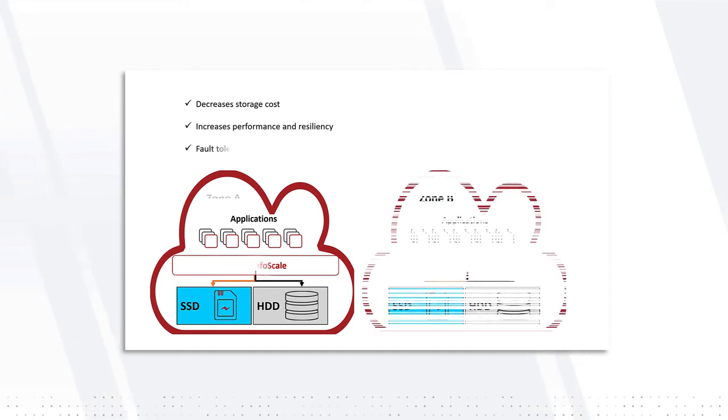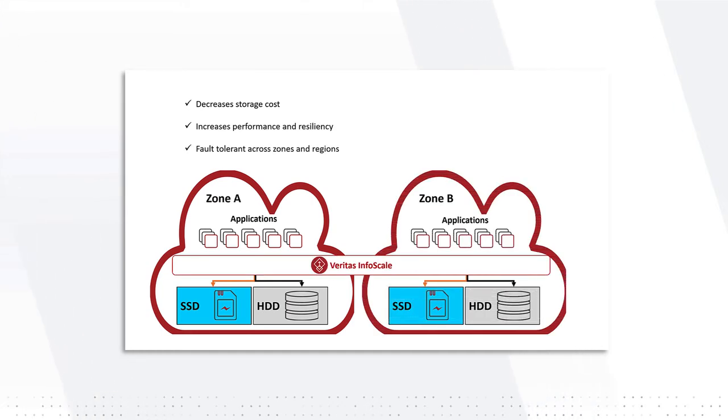InfoScale provides fault tolerance of your data and can be configured as shared storage not only within a single availability zone, but actually across availability zones and even regions. So with InfoScale, you get a sub-minute RTO as you do not have to detach or reattach storage volumes in the event of a failure.